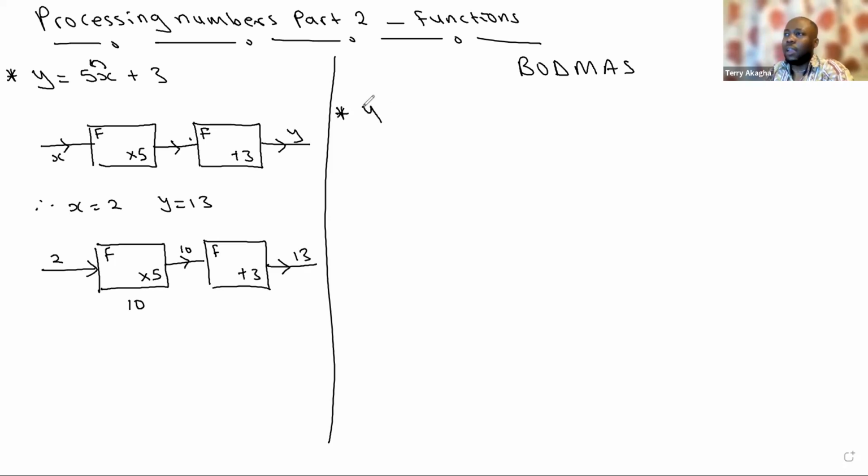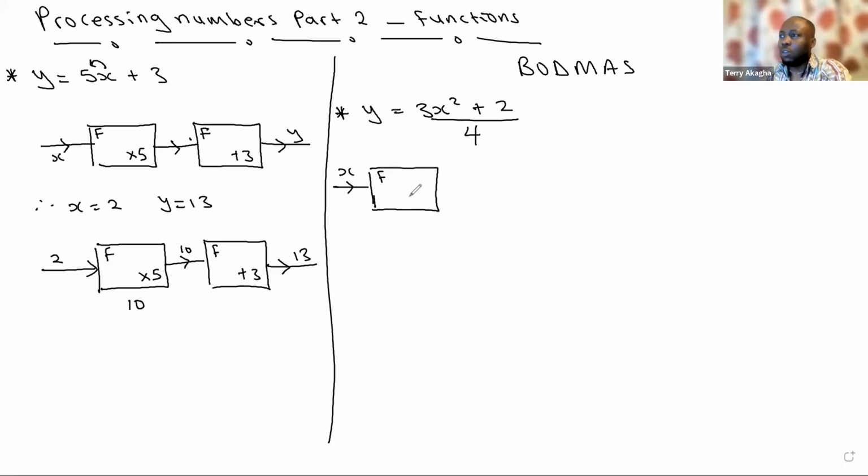So we have y is equal to 3x squared plus 2, all divided by 4. The same thing. What do you do first? When you have the input x, the first thing you have to do is square it.